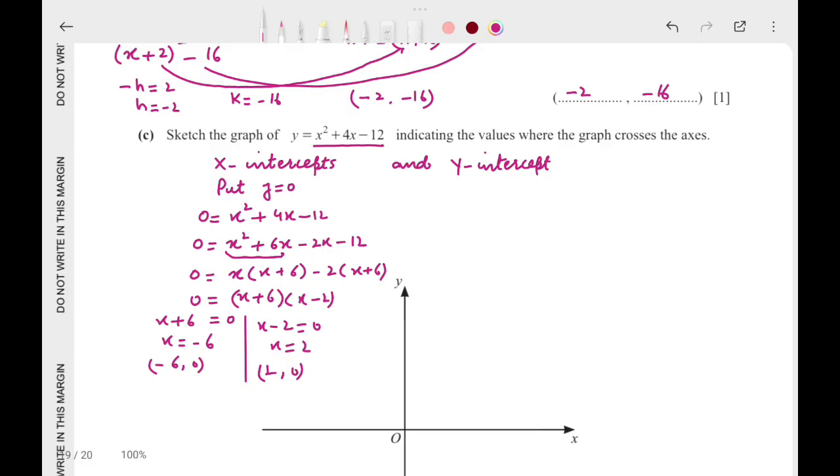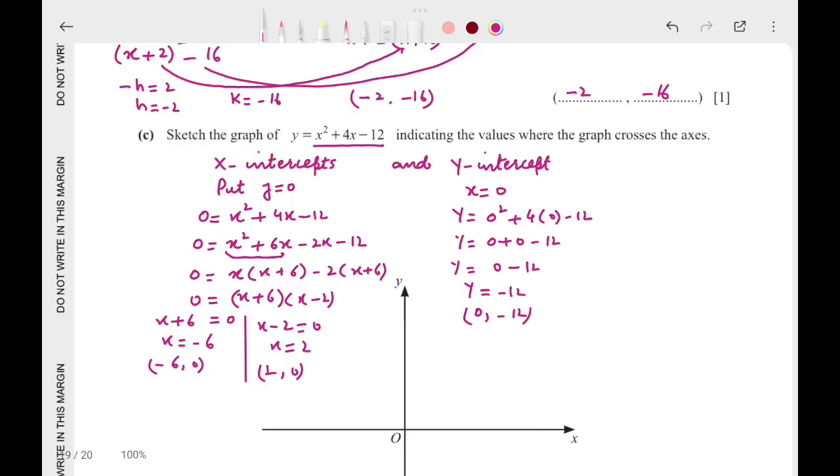So for that purpose we are going to put x is equal to 0 in the equation, that is y is equal to square of 0 plus 4 times 0 minus 12, and y is equal to 0 plus 0 minus 12, and y is equal to minus 12. So the coordinates would be 0, minus 12.